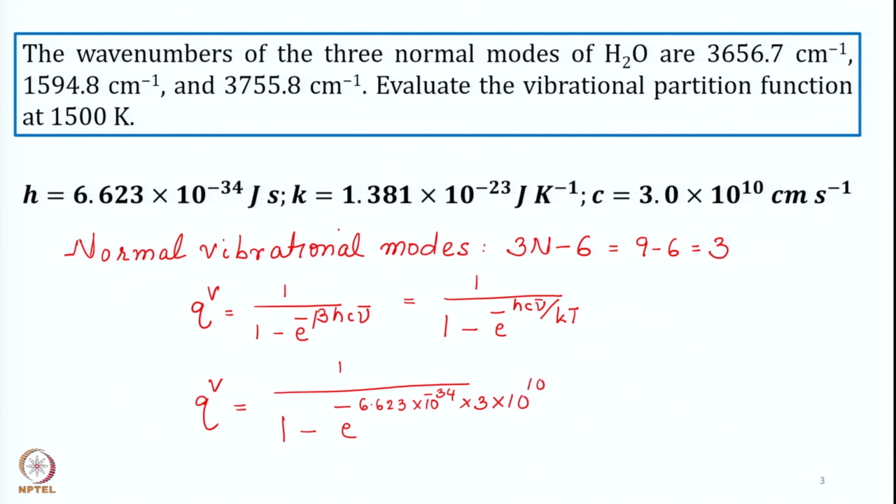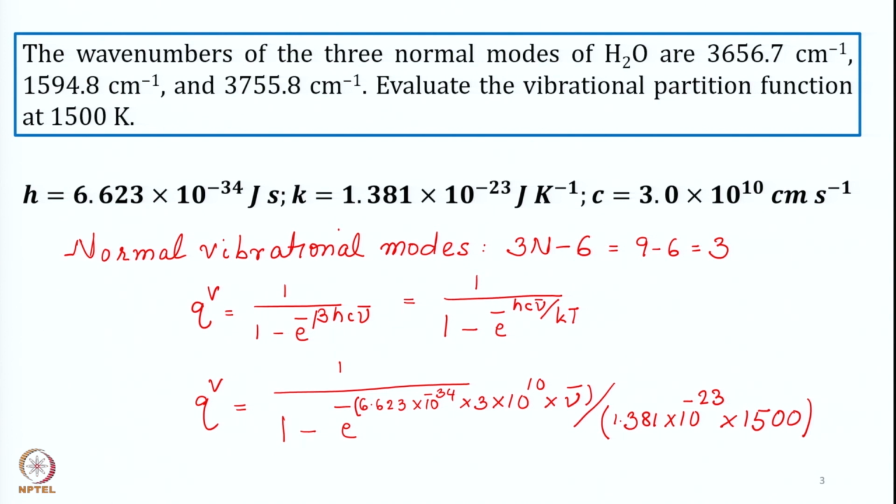I am keeping it in centimeter per second because I will use nu bar in centimeter inverse. This is divided by kT, where k is 1.381 into 10 raised to the power minus 23 into 1500. This can be solved.